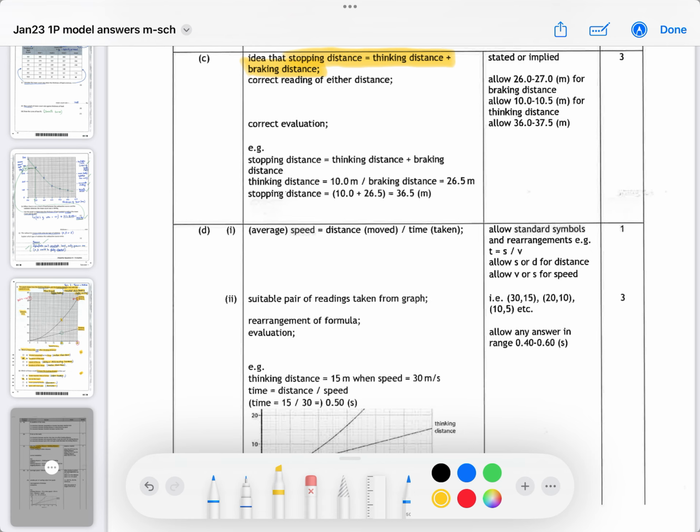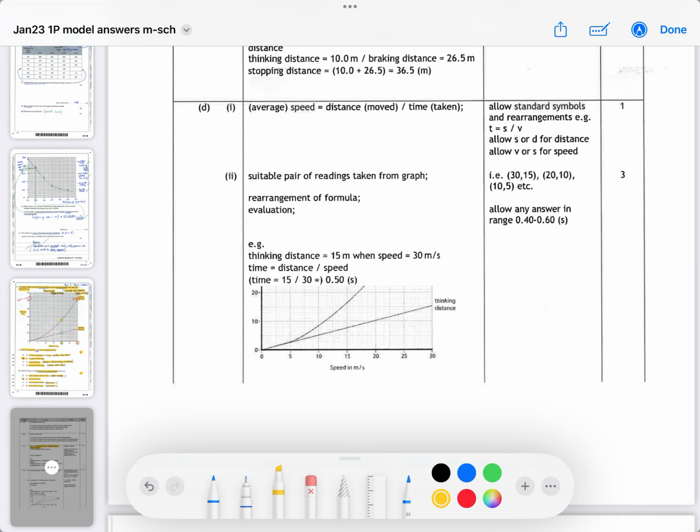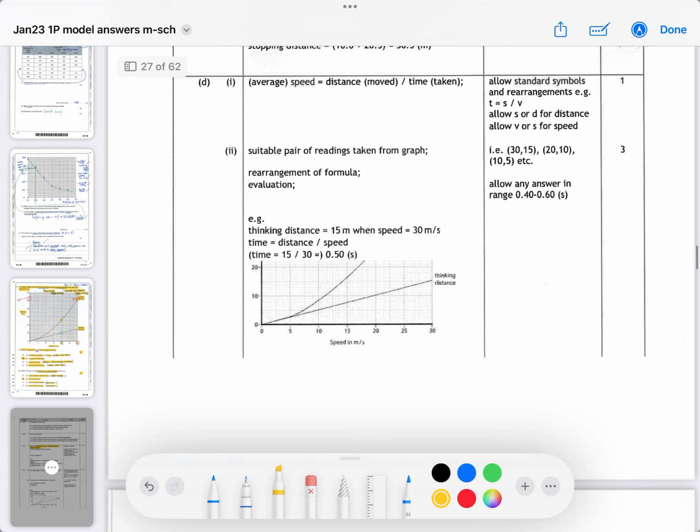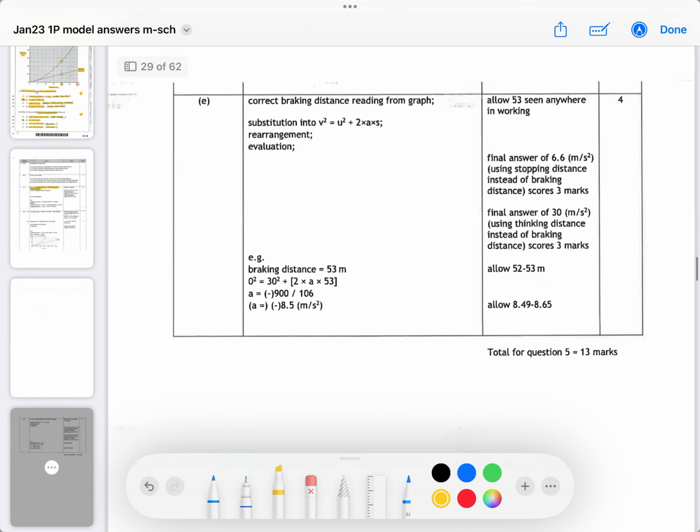Part C is about stopping the car, and part D then goes on to do a little bit more mathematics. We'll come back and look at it. You can go back to this video and stop and see how they are marking it. And there's part E as well, where we're going to use the equation v squared equals u squared plus 2as.